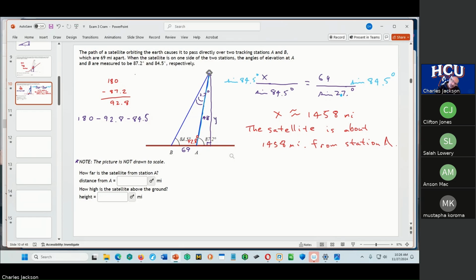Call this Y. Y is what we're trying to get. We can get this angle here, which is 87.2. This 87.2 right here refers to this angle.